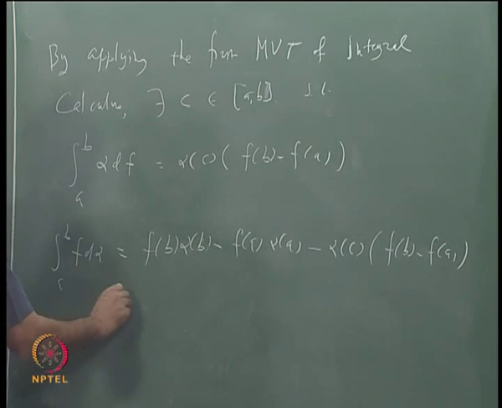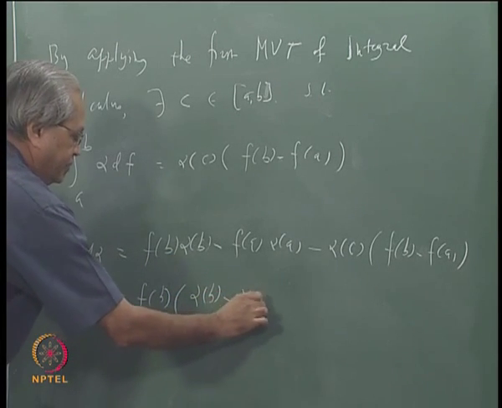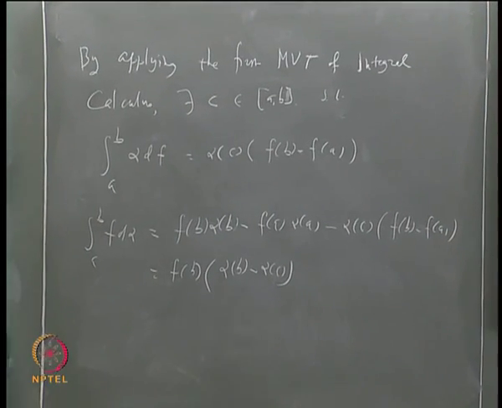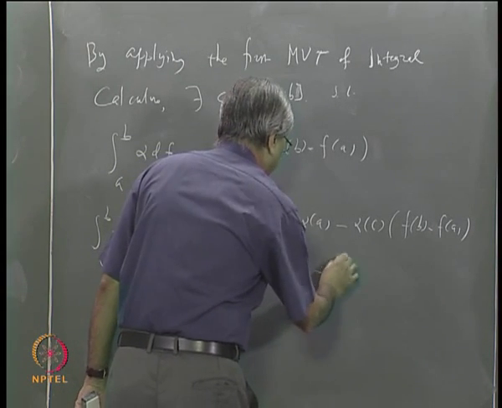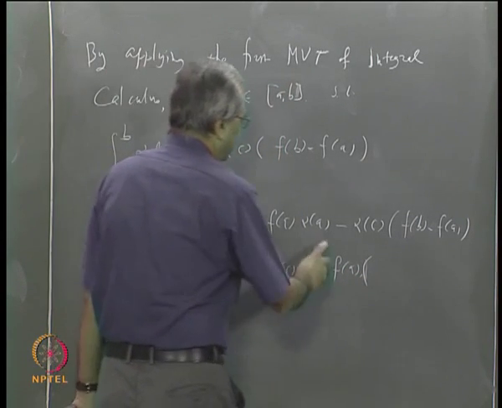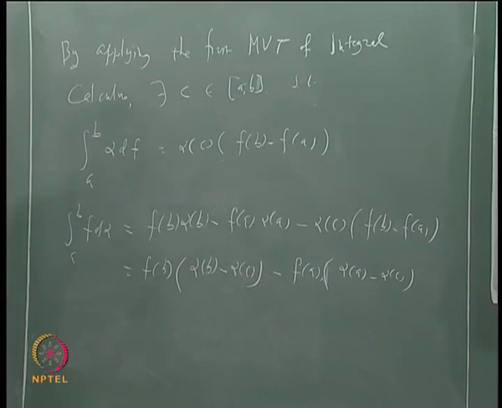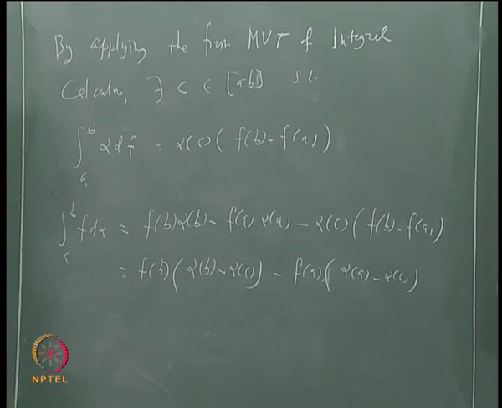So what we will get is f(b) into alpha(b) minus alpha(C), and then what remains is minus f(a) into again alpha(a) minus alpha(C). So combining all this, what we can say is that, then I will come back to this.